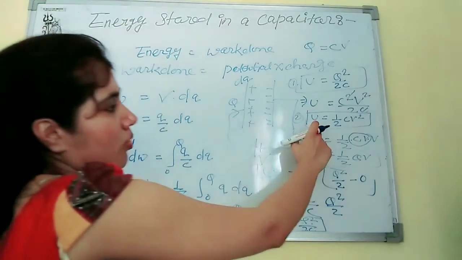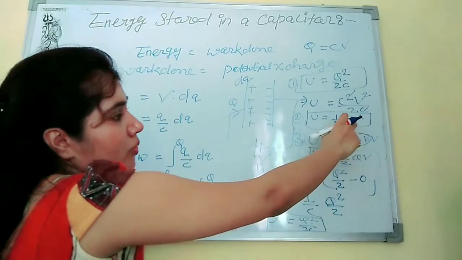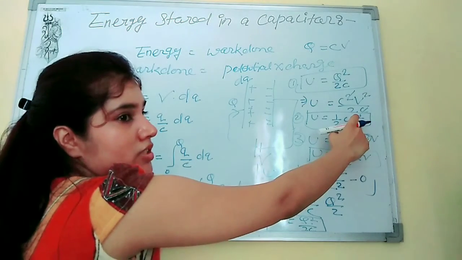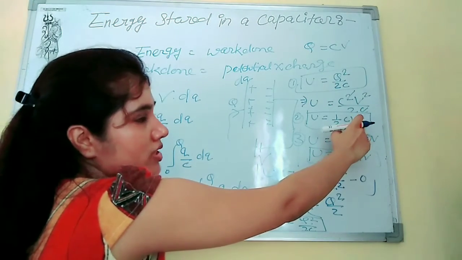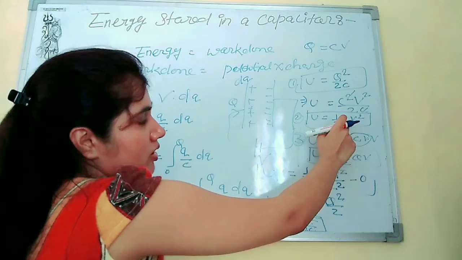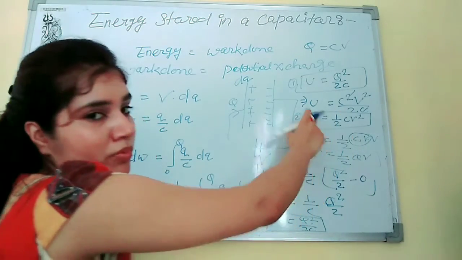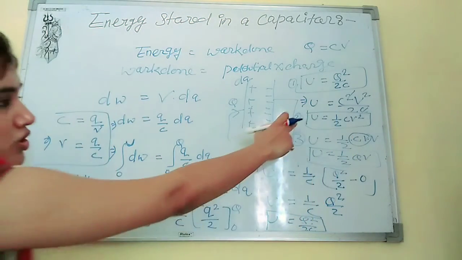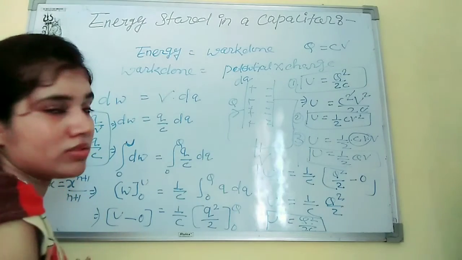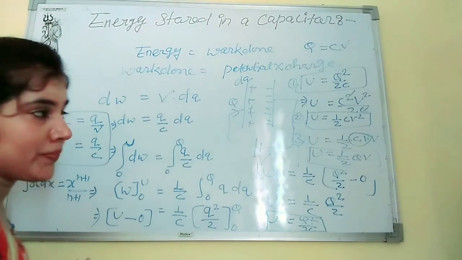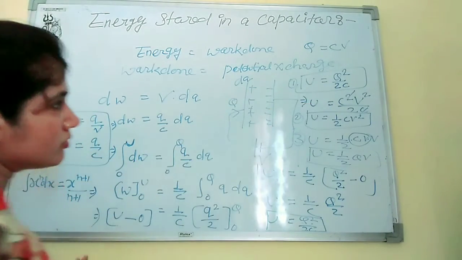Now in this formula, if your potential is constant, then this C will be directly proportional to the energy stored in a capacitor. Okay, so just note it down.